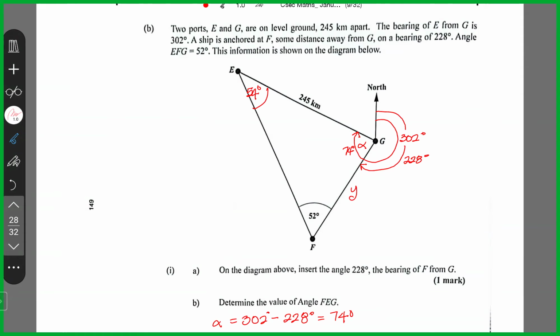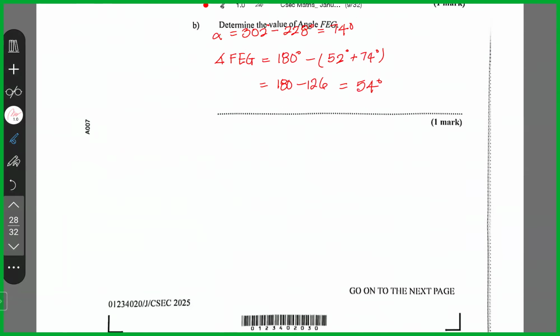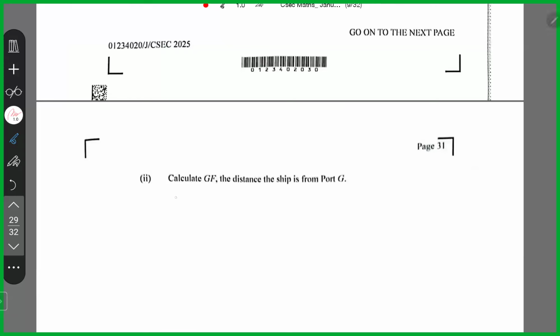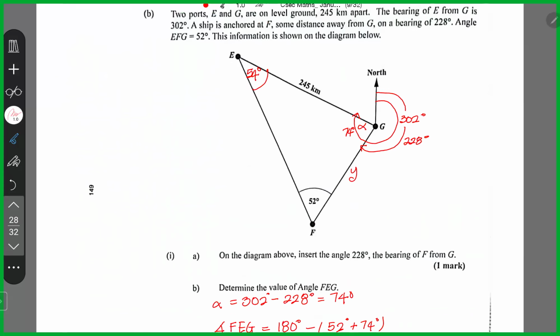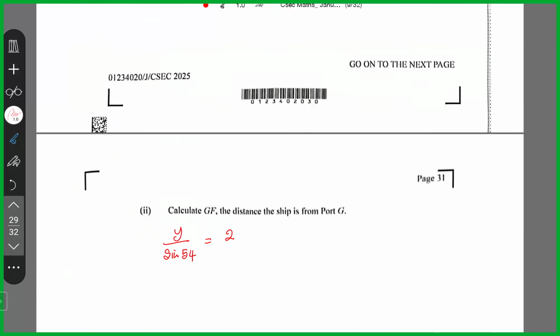So Y over the sine of 54 is equal to 45 over the sine of 52. That's the sine rule.